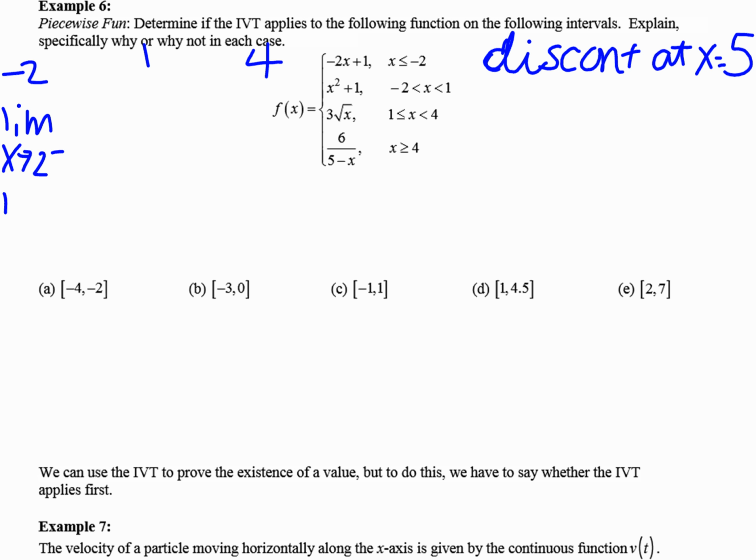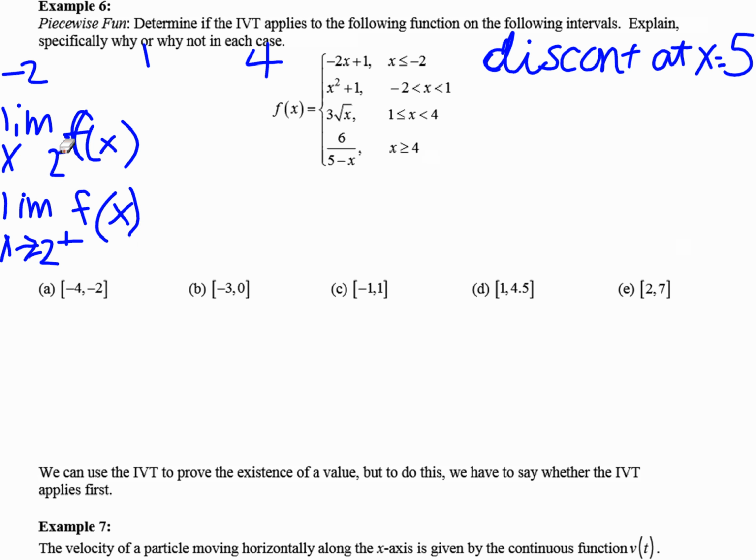So I'm going to check the left side, I'm going to check the right side. So the left side of -2, -2, not 2. Oh, there we go. Yeah, all right. So we put -2.